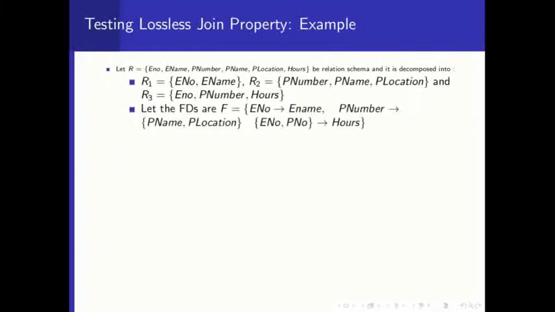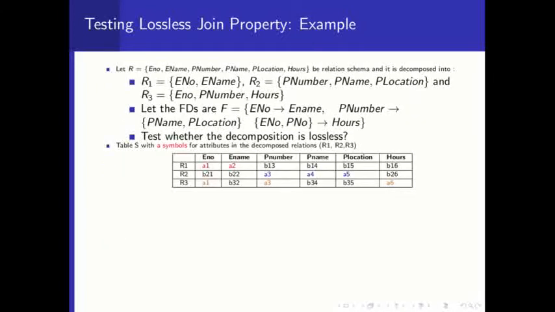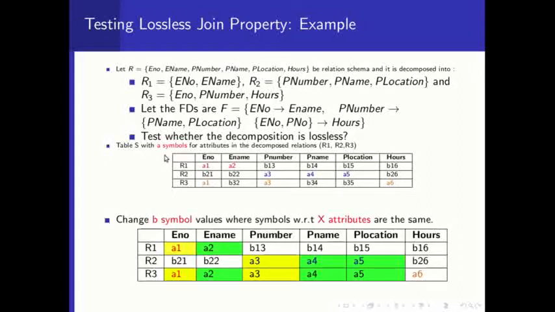Now we will look once again. This is where we reached after the operation. Now change B symbol values where the symbols with respect to the X attributes are the same. Corresponding to the first FD, E number determines E name, we have changed B32 also to A2.